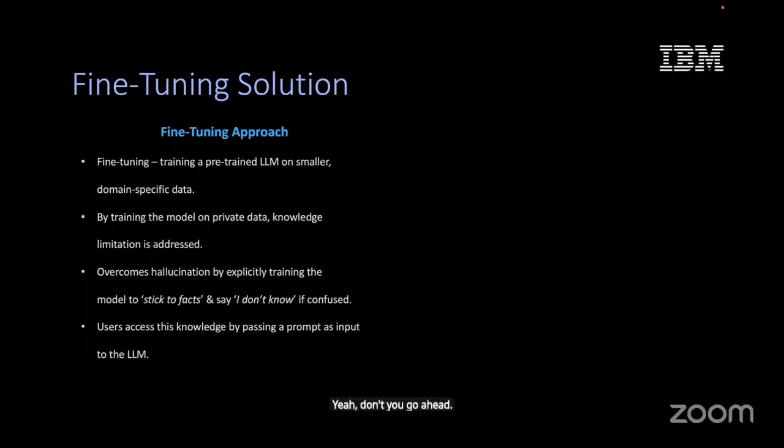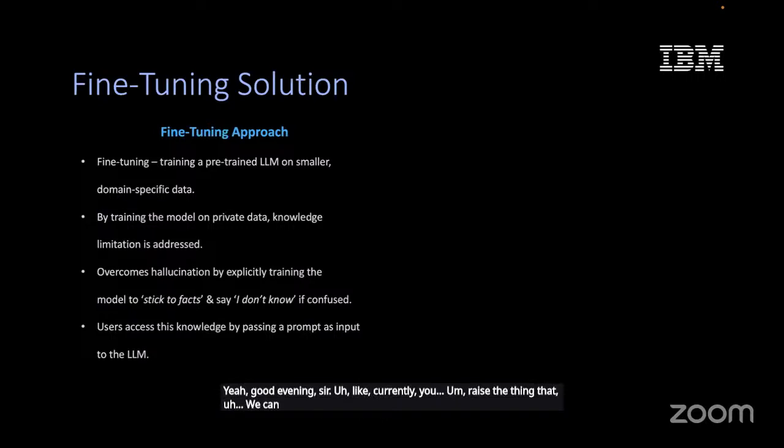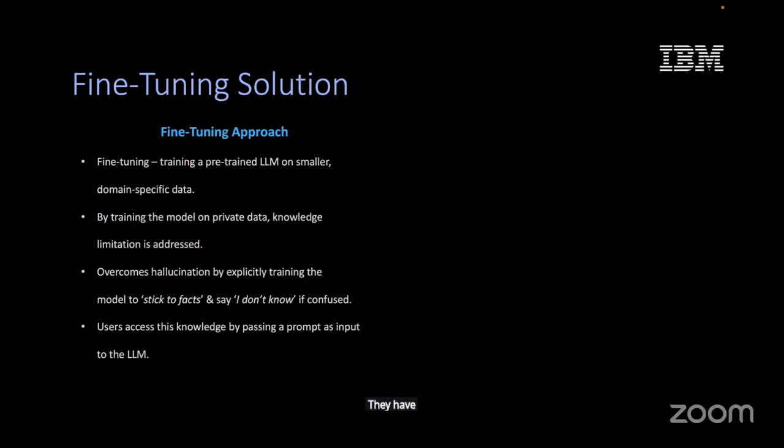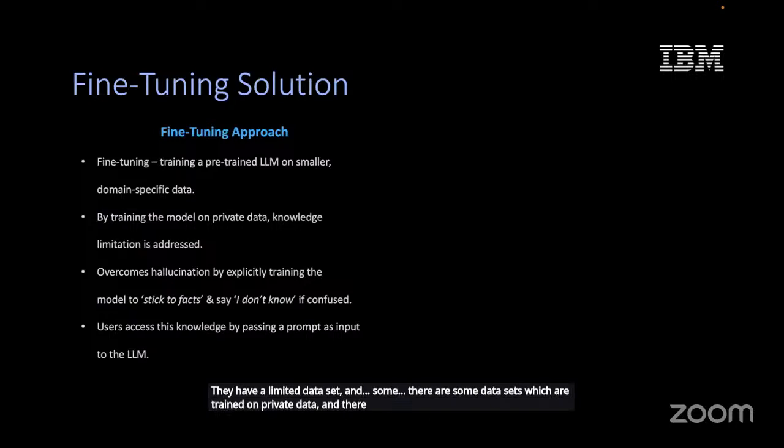Yeah, good evening, sir. Like currently you raised the point that the LLM models which are present there have a limited data set, and there are some data sets which are trained on private data, and there are some which have a lack of knowledge, right?